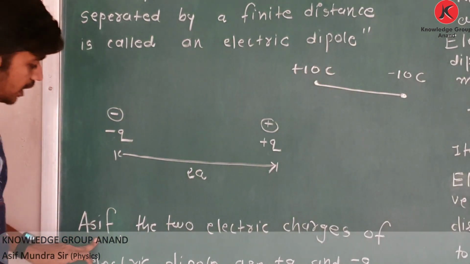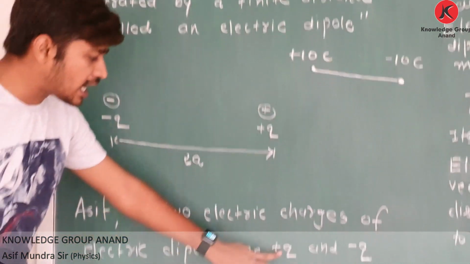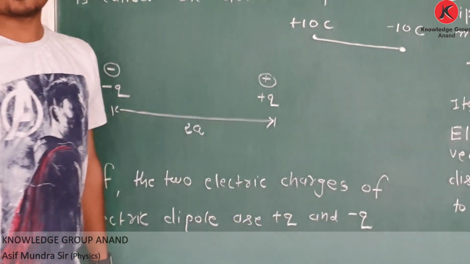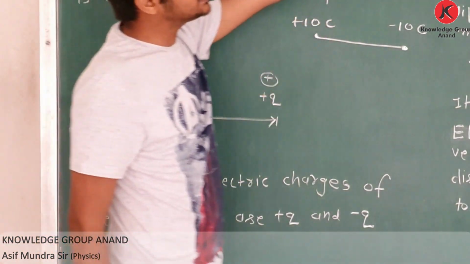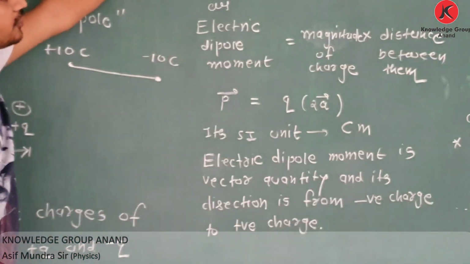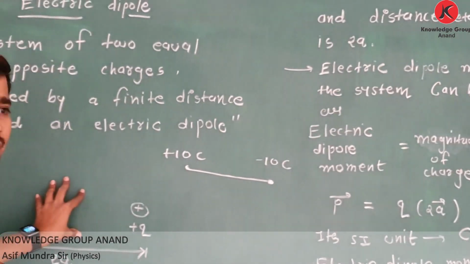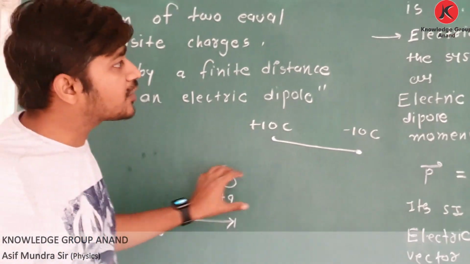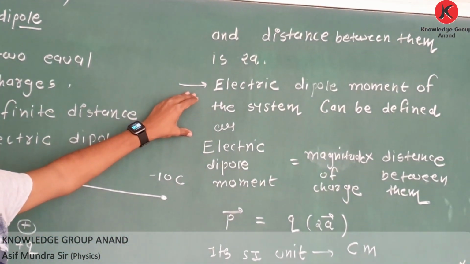As shown in the figure, the two electric charges of the electric dipole are plus q and minus q. The distance between them is 2a. Now, this electric dipole has an electric dipole moment. How to define electric dipole moment?